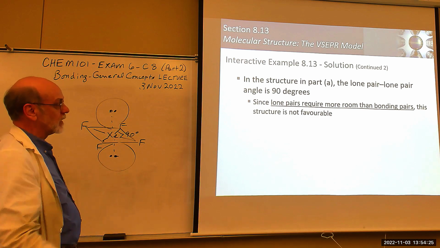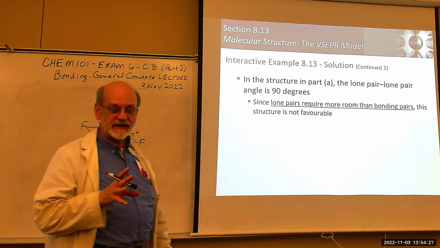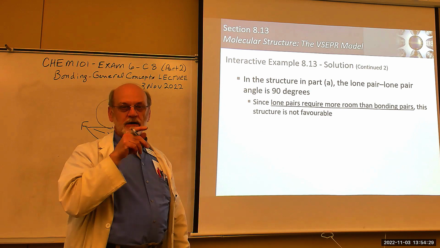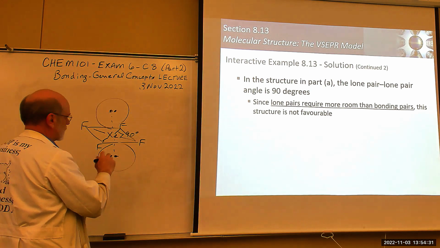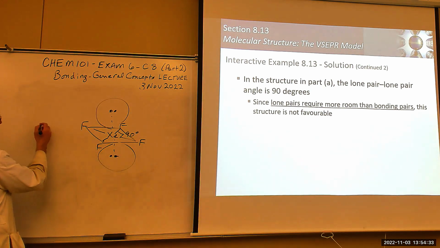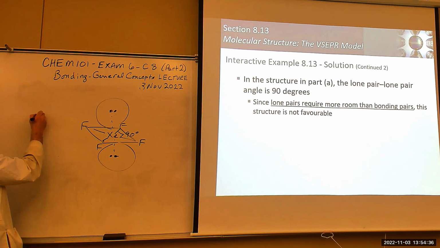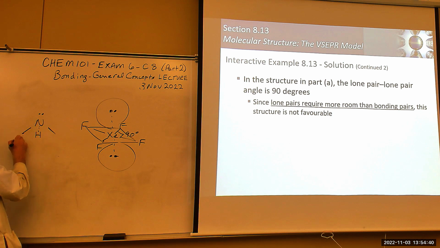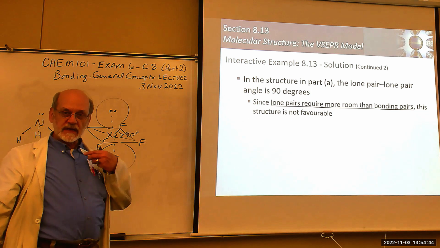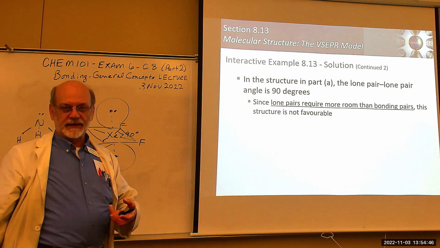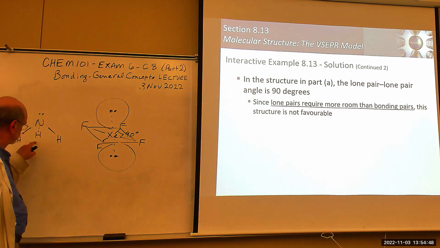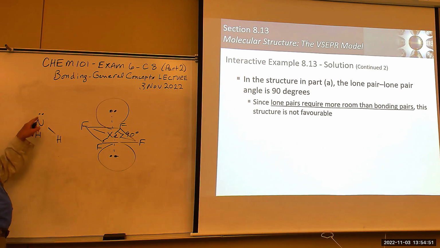So that's what I'm saying here. Lone pairs require more space. For that reason, remember ammonia. Right? Ammonia should be a trigonal pyramid with that lone pair up there. All right.